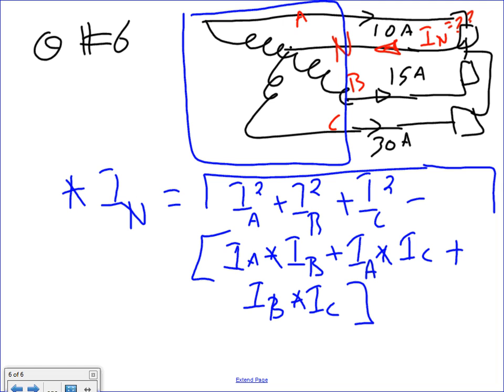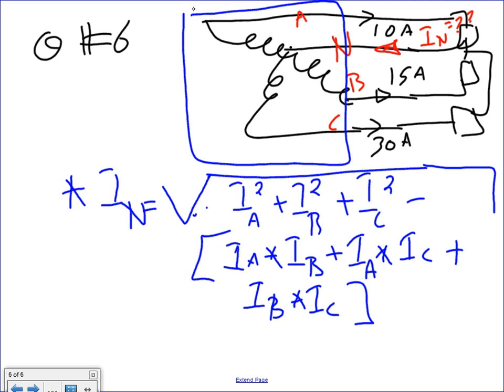Is that a square root symbol? Yes, this one is. This is all under the square root. I neutral equals the square root, all of these under the square root. Write this formula and bring it with you.